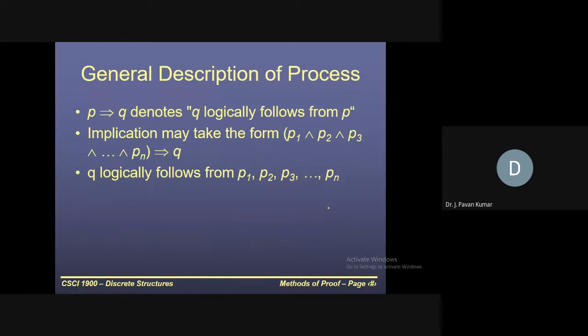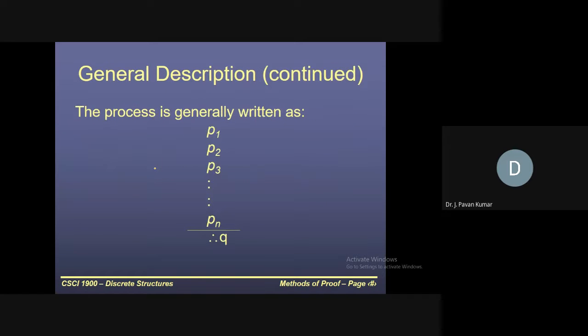Like p1, p2, p implies q can be written as p1 and p2 and p3 and so on up to pn. So p can be a conjunction of several statements, p1, p2, p3, and so on up to pn.